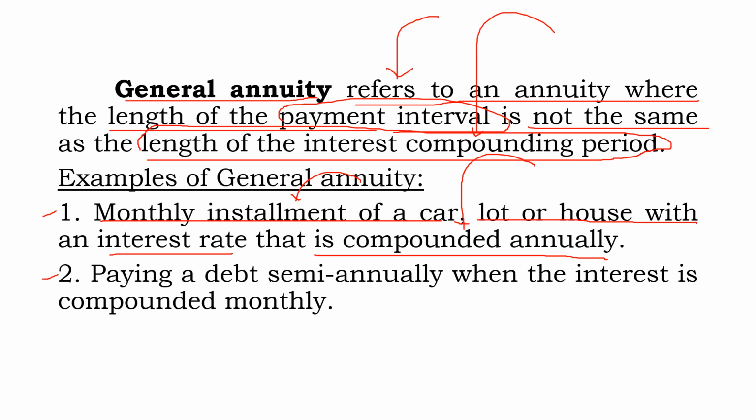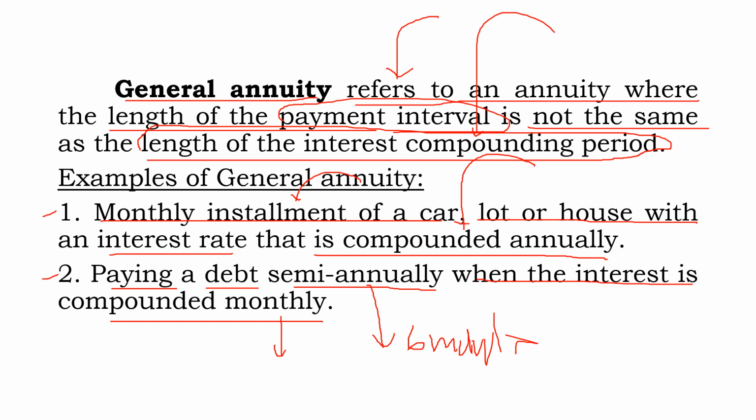For number two, paying a debt semi-annually when the interest is compounded monthly. Semi-annually represents 6 months, meaning a debt can be paid every 6 months, while the interest is compounded monthly.